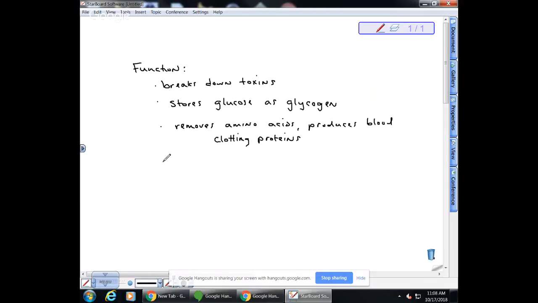The other things that it does is, we mentioned it produces bile. There was one more that I just... Anybody can think of what the last one I was going to say was? Oh, it stores iron. So it helps in the breakdown of hemoglobin.